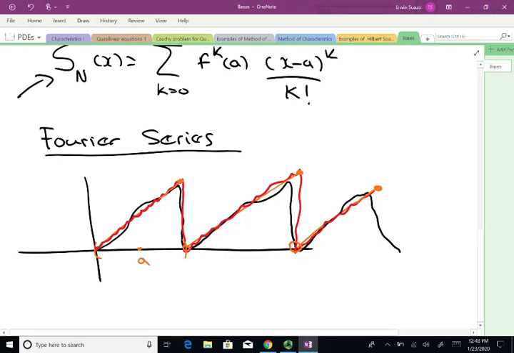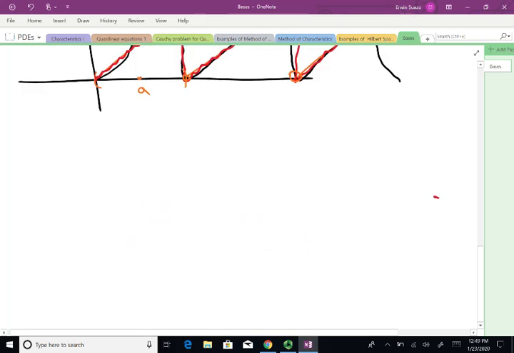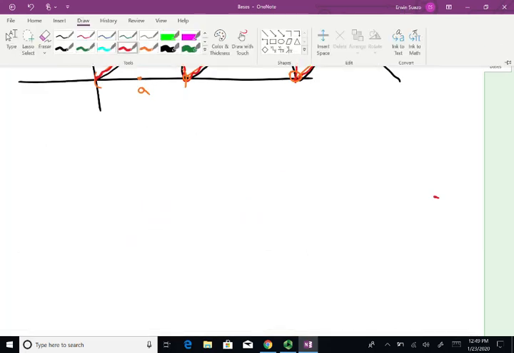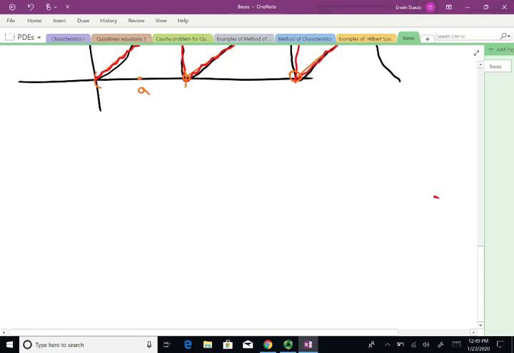So what else do we need to be able to understand this convergence? We need to introduce one more definition, and the definition is orthogonal functions.